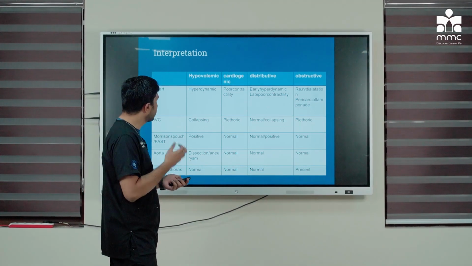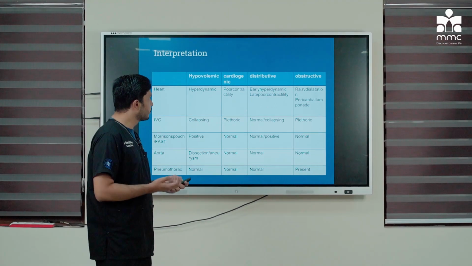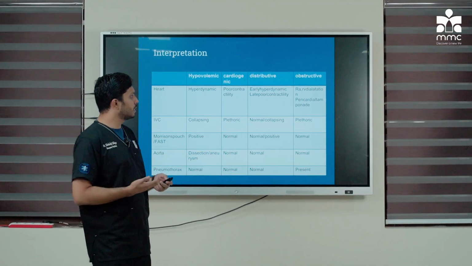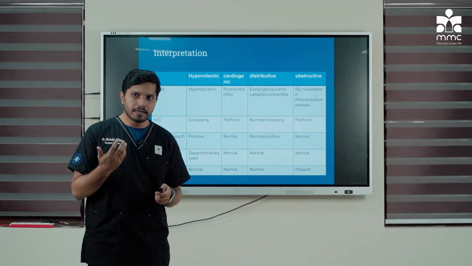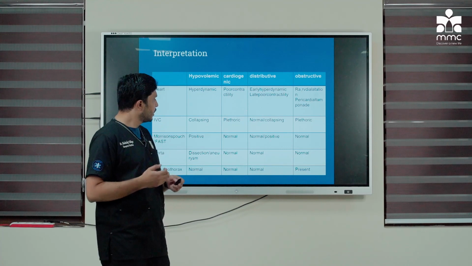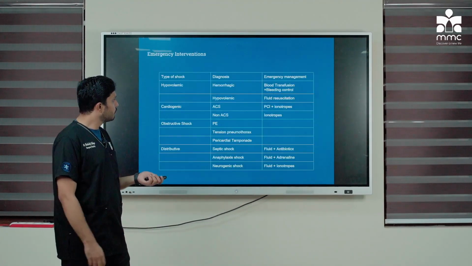So in obstructive shock we have three major diagnoses. In pulmonary embolism we will get RA-RV dilatation, in pericardial tamponade we will get a large pericardial effusion, and in tension pneumothorax we can see a pneumothorax also with the ultrasound.